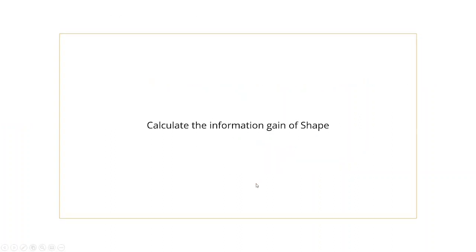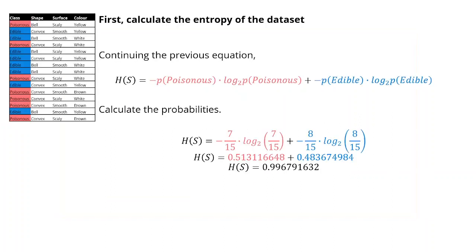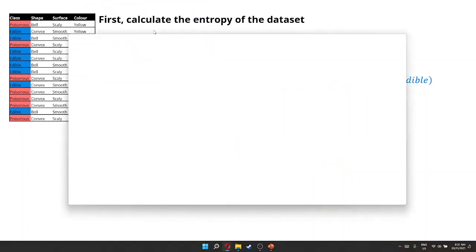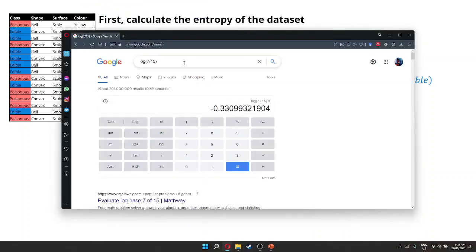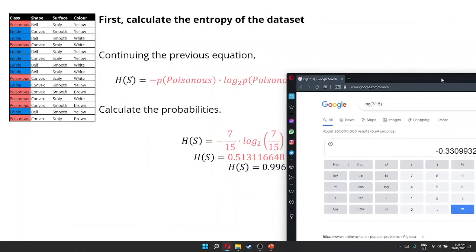Alright, next. So you get how to calculate this. Remember, this log is log base 2. It is not the regular log. So if we use Google, you can see here I searched log of 7/15.